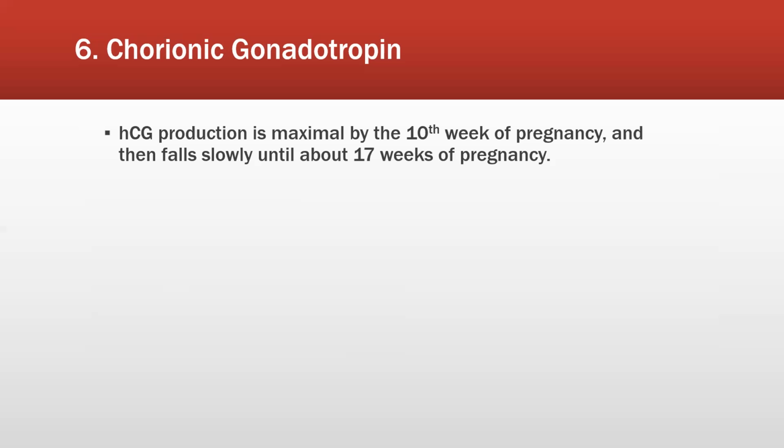So HCG production tends to max out by about the 10th week, and then will slowly start to decrease right around 17 weeks of pregnancy. The amount of HCG that's produced by the placenta in this case is minimal because now the placenta is able to produce its own progesterone and estrogen, which prior was really the responsibility of the ovaries.